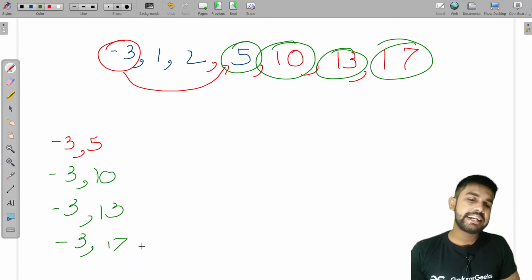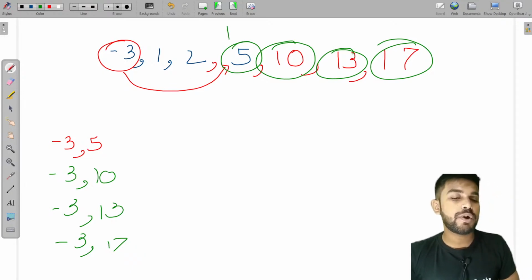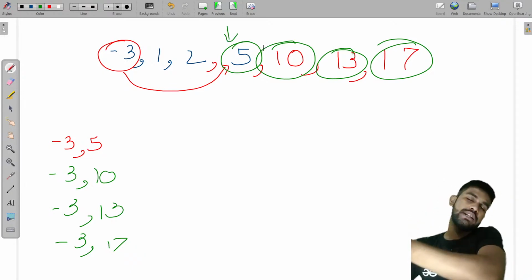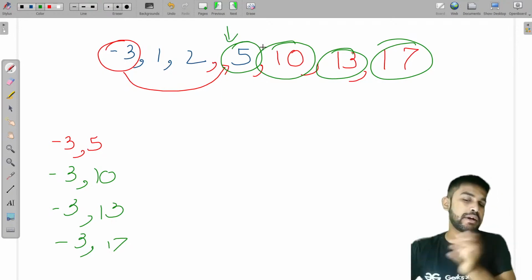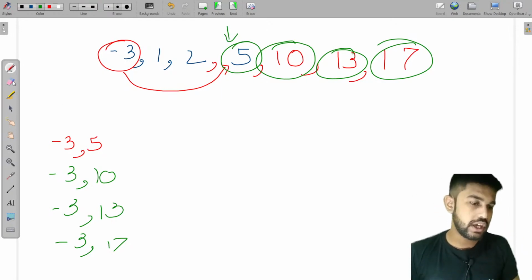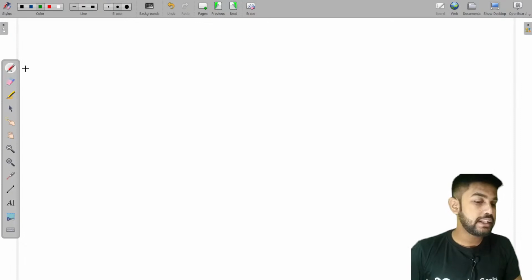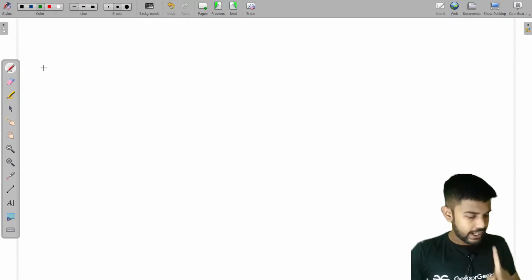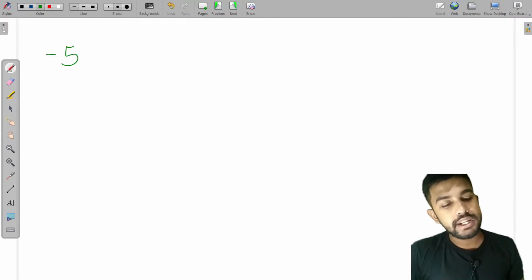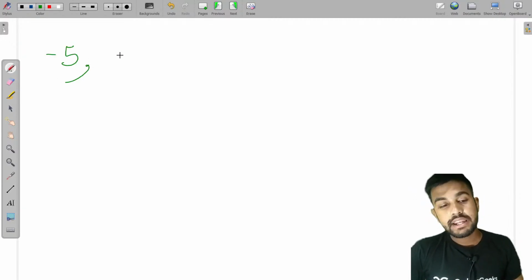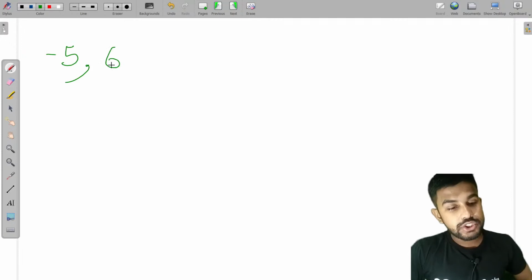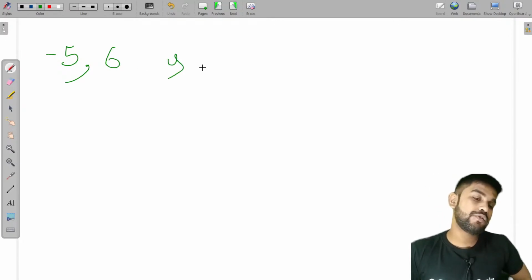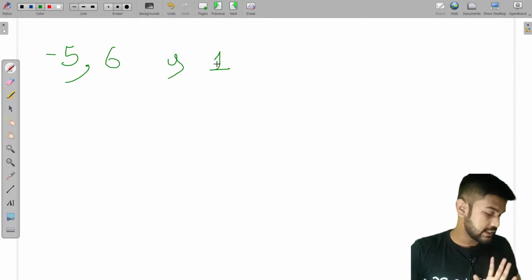How would it facilitate our answer? Because suppose we found a match, then all the other numbers which are greater than that number would also be a match. I'm explaining the concept which tells us that we need to sort the array. Suppose we have minus 5, and then if we add 6 to it, the answer would be 1, which is greater than 0.